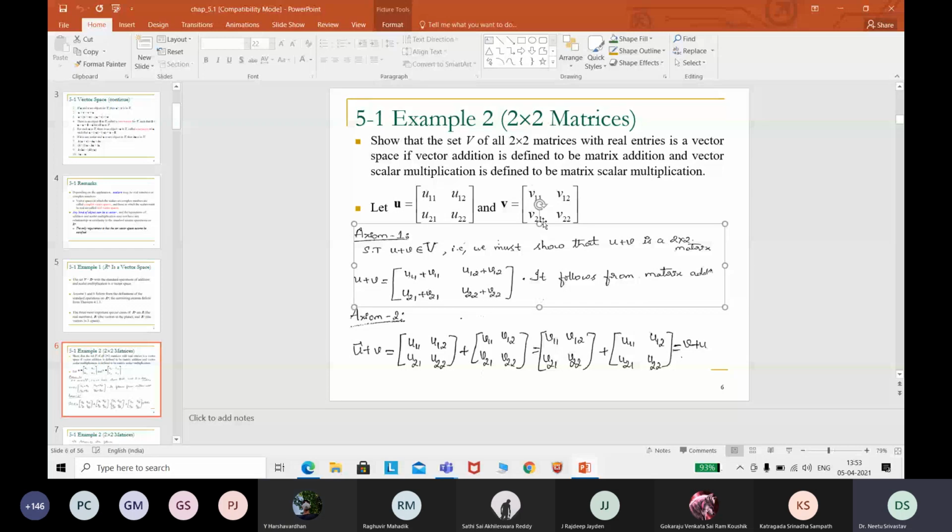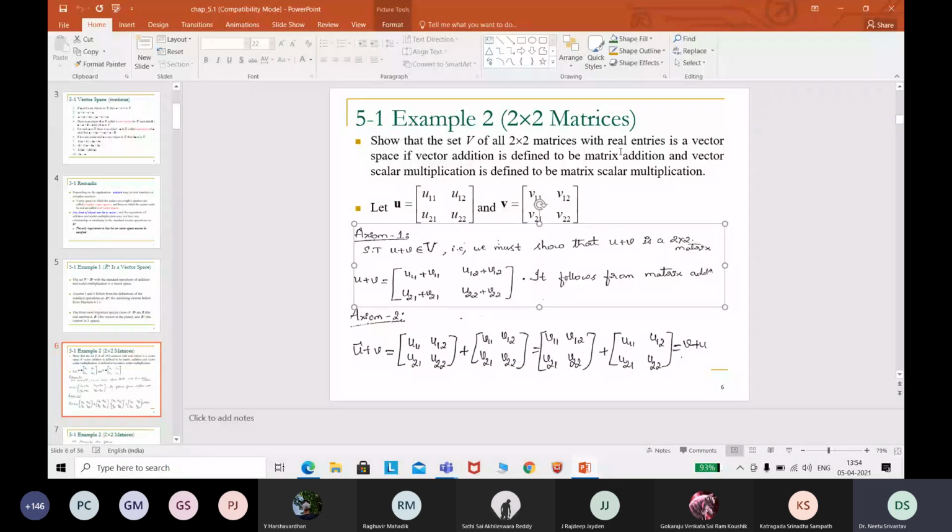So when you are adding, in general, mathematically we are doing this. You are doing standard addition and standard scalar multiplication, right? So when you are adding U plus V, what are we getting here?